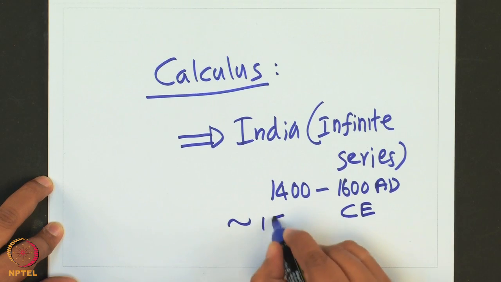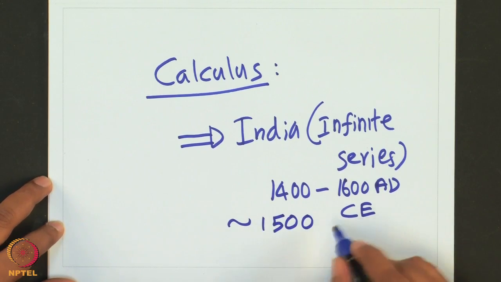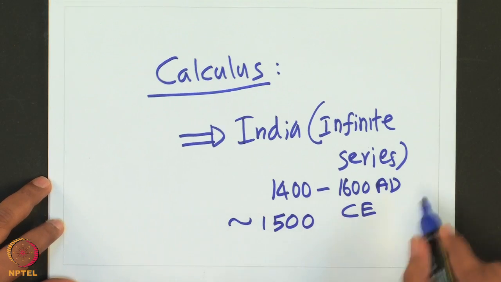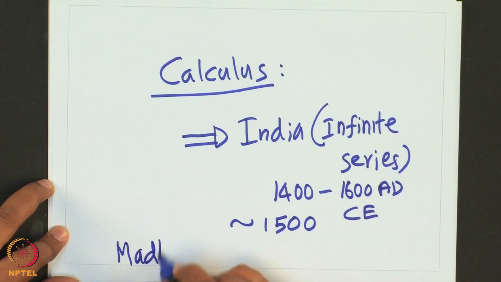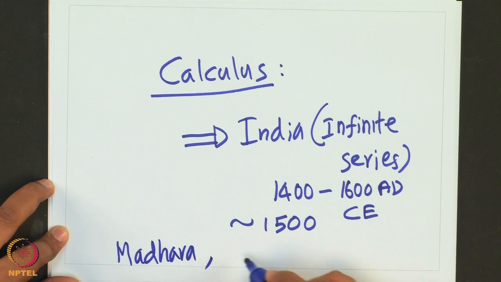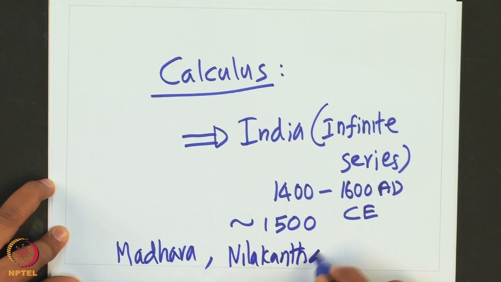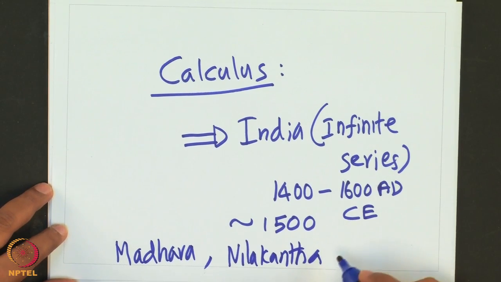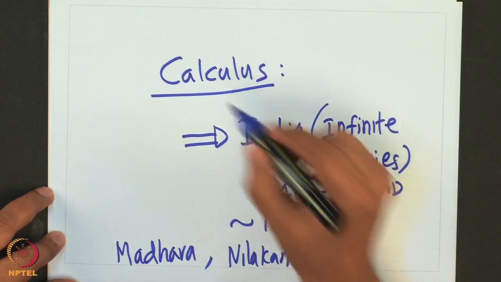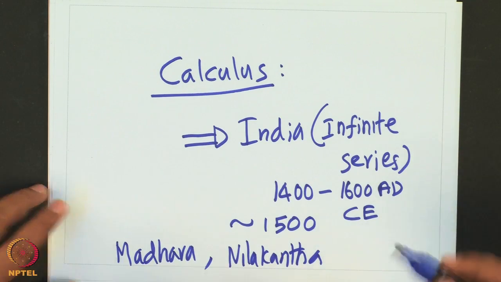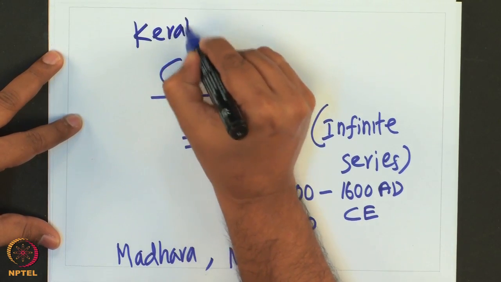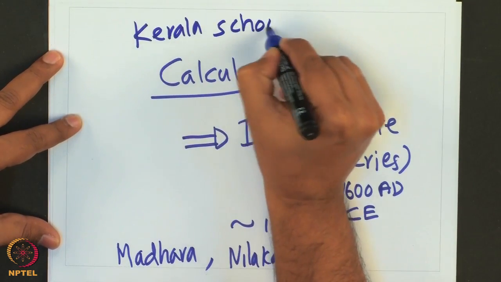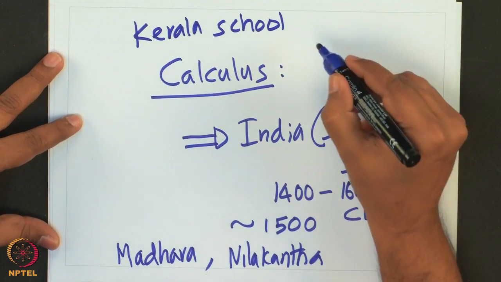So, somewhere around this period, by many people like Madhava. You should read about this, and this is known as Kerala School of Mathematics. You should Google search and learn about it, which is now known as Kerala School of Astronomy and Mathematics.